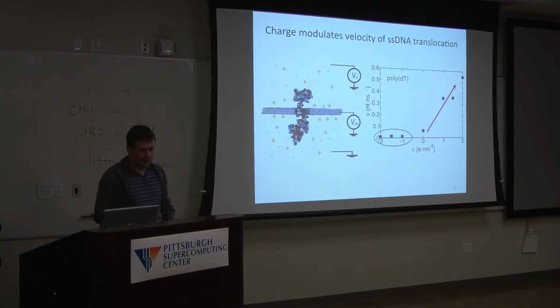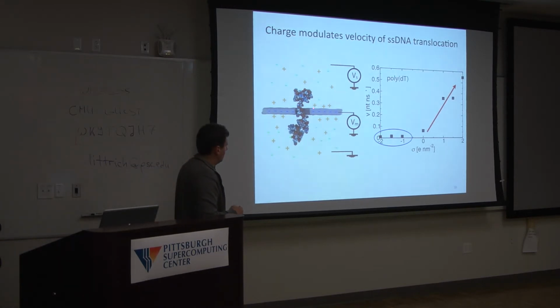So what we found was that depending on the charge of the graphene, the velocity of the DNA can change dramatically. If we charge graphene negatively, the DNA basically doesn't move, but if we charge it positively, it moves very fast.